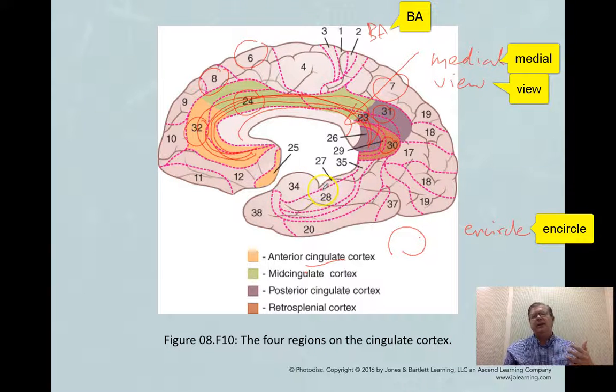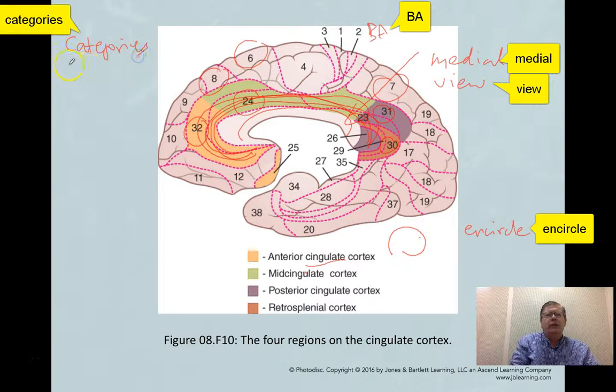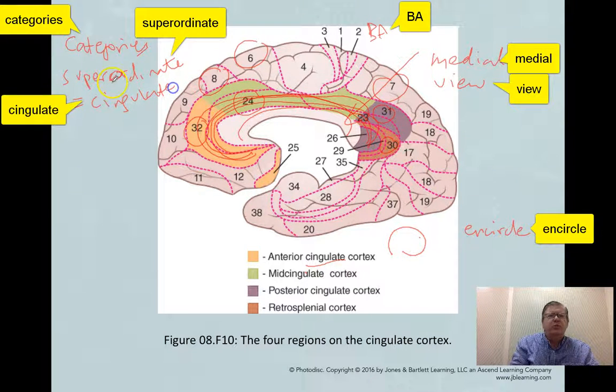But in any case, I want to make the point that we've got a number of different categories for the cingulate cortex. We've got a superordinate category, which is simply the term cingulate. So that's the superordinate term for this entire bundle of fibers here.